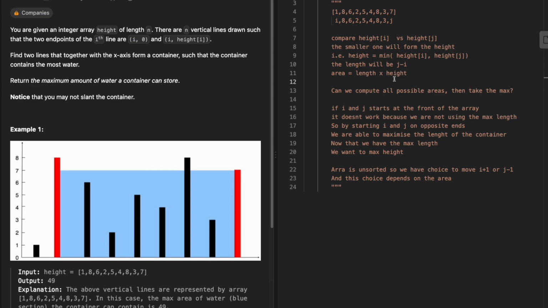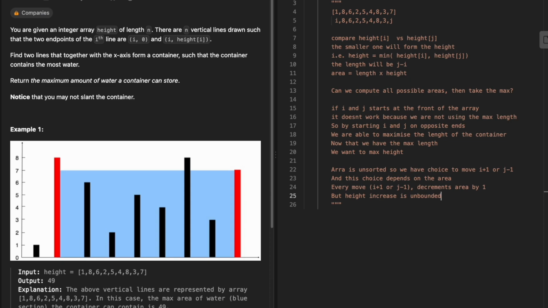Will there be a case where, because every move of i plus 1 or j minus 1 decrements the length by 1, but the height increase is unbounded?